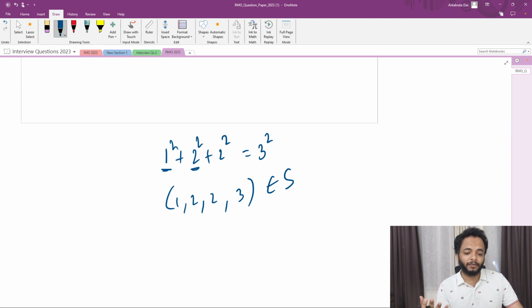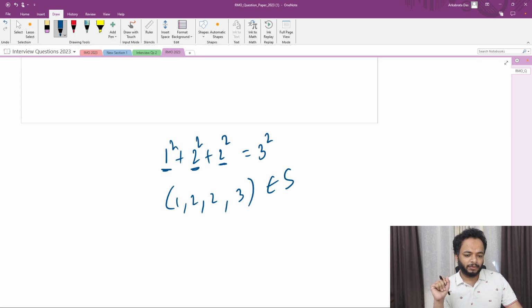If you want to reduce it, make it 1, and see it doesn't work: 1 square plus 1 square is 2, plus 4 is 6, which is not a perfect square. And even if you reduce this to 1 again, it doesn't work. Any other combination of 1s or 2s doesn't work. So you have to use either 2 or some higher numbers, and if one of them is 1, the sum gets bigger.